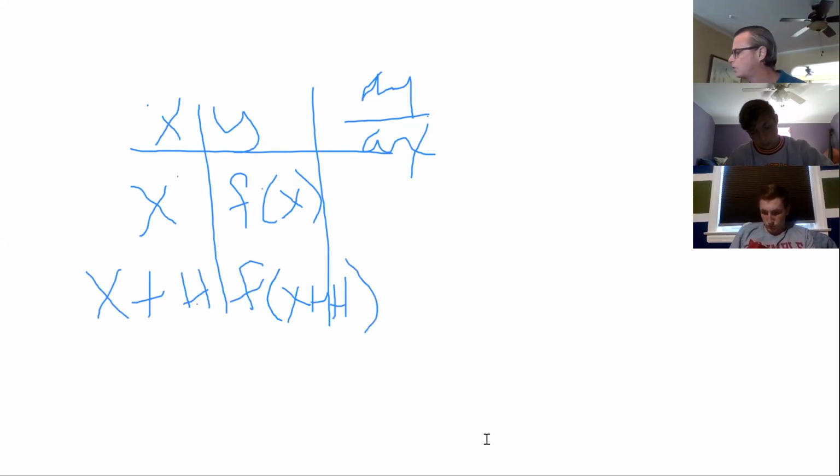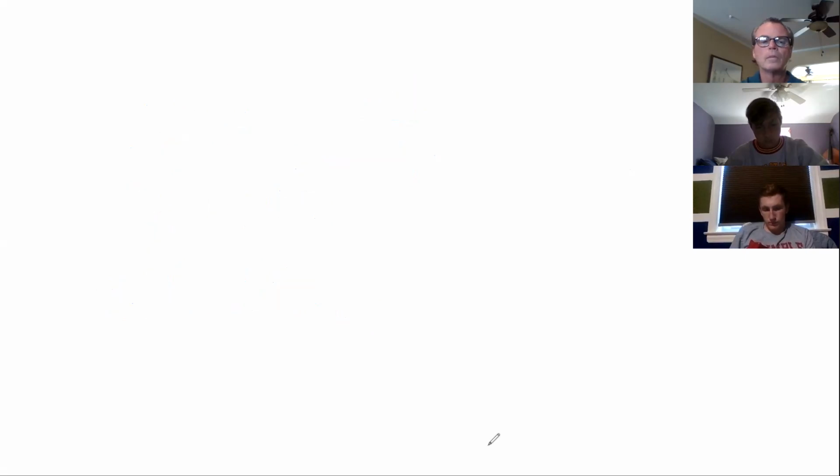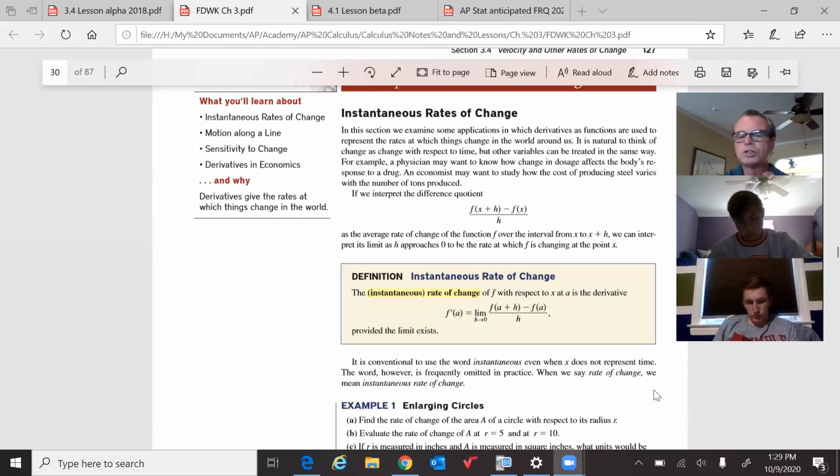And what's on page 127 is subtracting up. This take away this, over that take away that, which would give you the slope. The slope, ready, in the denominator, X plus H take away X, the X is subtracted to 0.